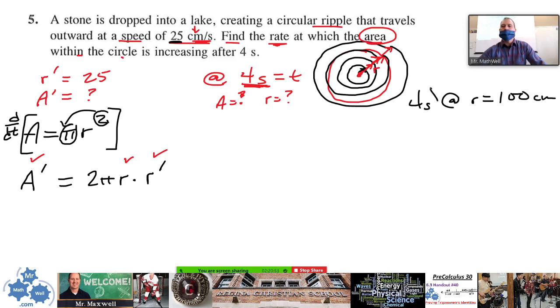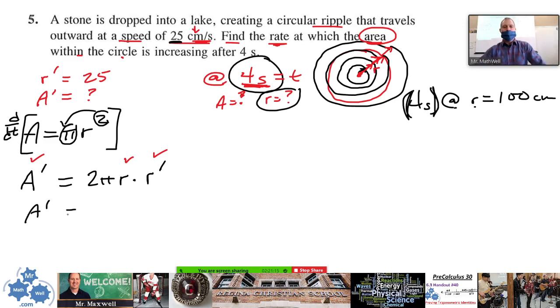Does that make sense? Take what you're given and use it to find what you need. In this case, we used the time to find r. If the radius changes at 25 centimeters per second, after 4 seconds it's 100 centimeters out.